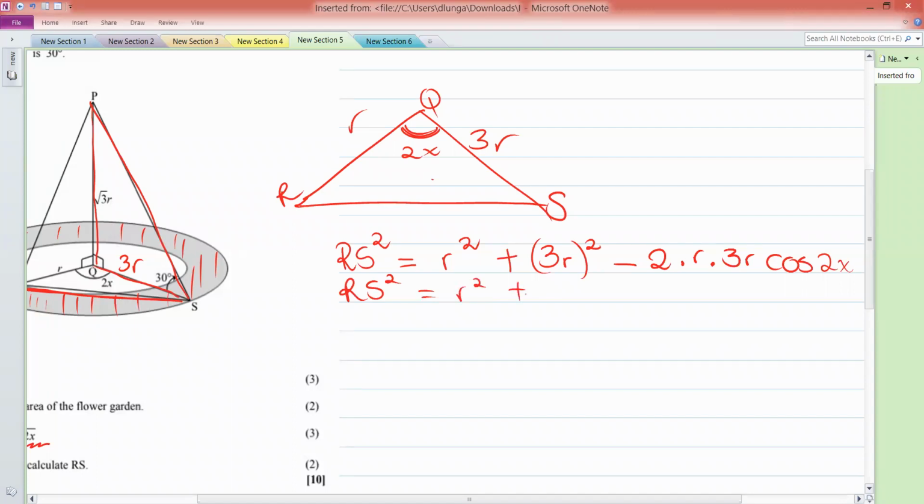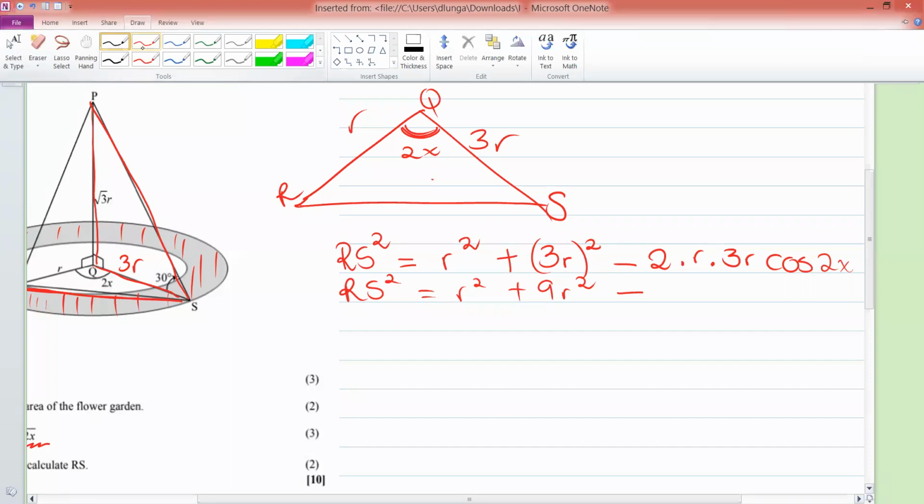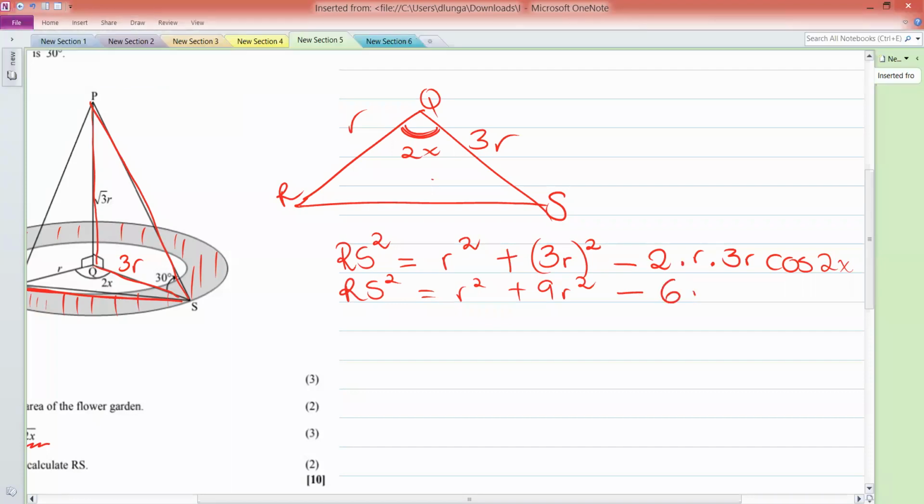So R squared plus 9R squared minus 2, 2 times 3, what does that give us? That is 6, okay? So 6R squared cos 2x. Are there any like terms? Yes. R squared plus 9R squared, 10R squared. Okay, minus your 6R squared cos 2x.